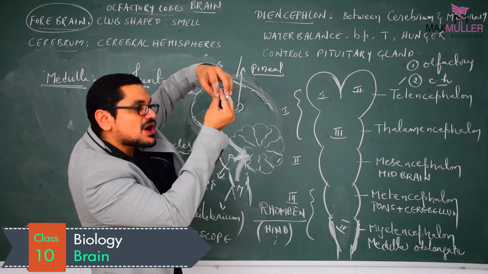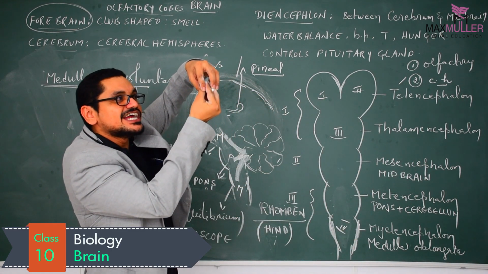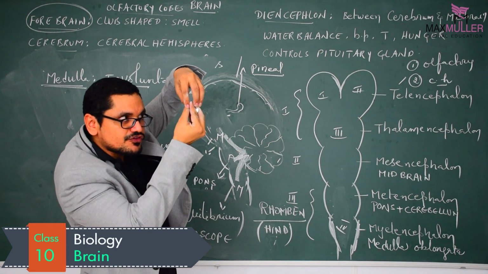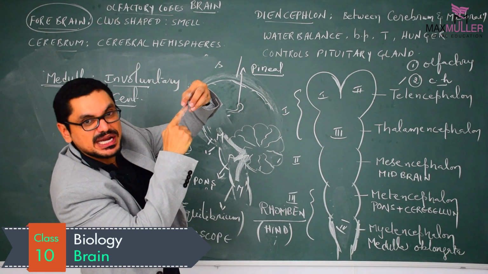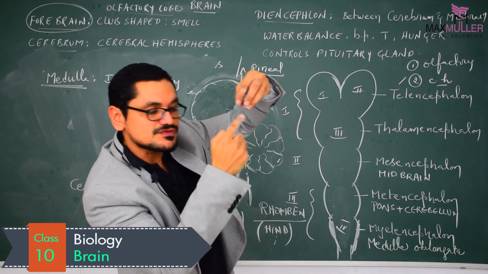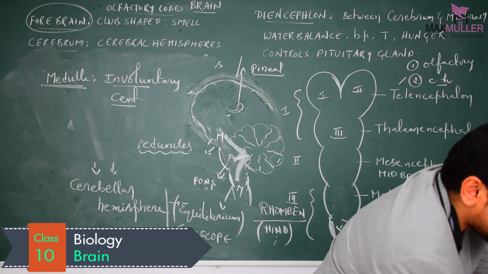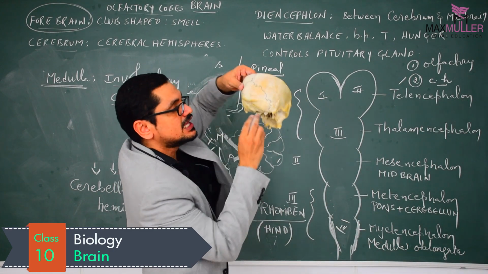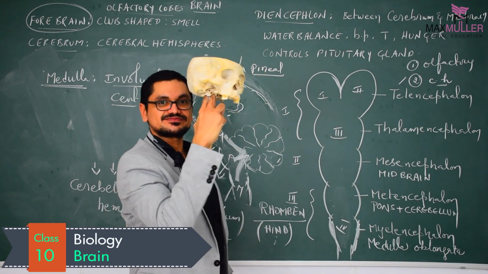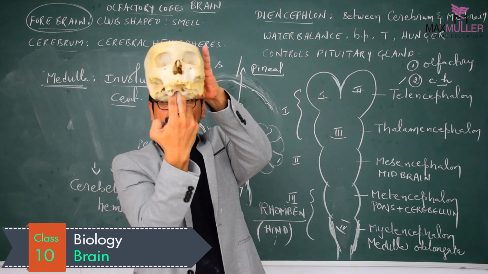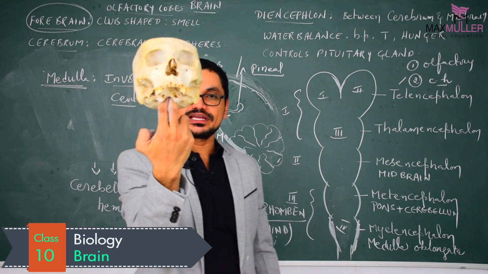This last part of the brain, the medulla oblongata, comes out from the base of the skull. You know, there is a large opening present at the base of the skull. See this large opening, is it visible?